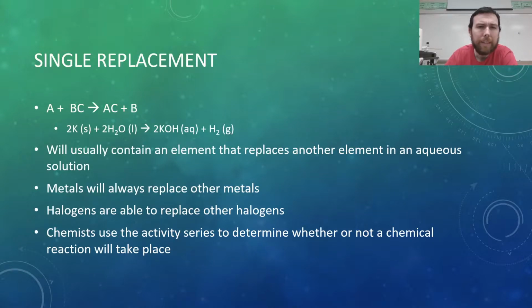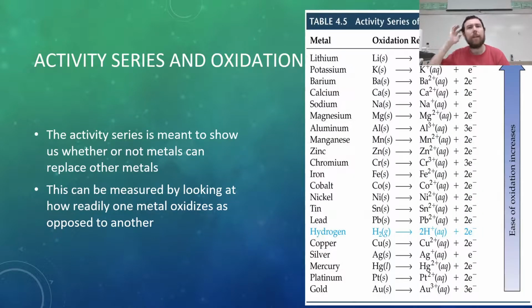All right, and so here's our last slide that we want to look at, the activity series as it pertains to oxidation. In this table, you should notice that they've got a list of oxidation reactions that are taking place. They're showing each of those metals or substances losing electrons, right? And so what they're showing you is that as you move up this table, you get an increase in oxidation. It's easier for those substances near the top to be oxidized.